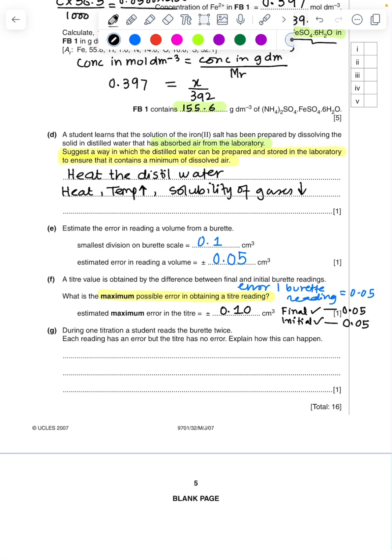During one titration, a student reads the burette twice. Each reading has an error, but the titre has no error. Explain how this can happen. So this is a very different kind of a question where we are told that readings have errors, right? But titre has no error. So how is this possible? Let us suppose you know that whenever you have to find out the readings, we always do them out like this. We take a final burette reading and we have an initial burette reading.